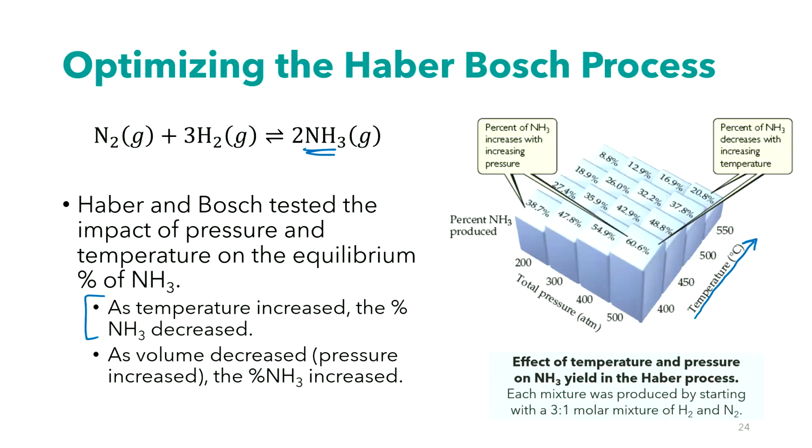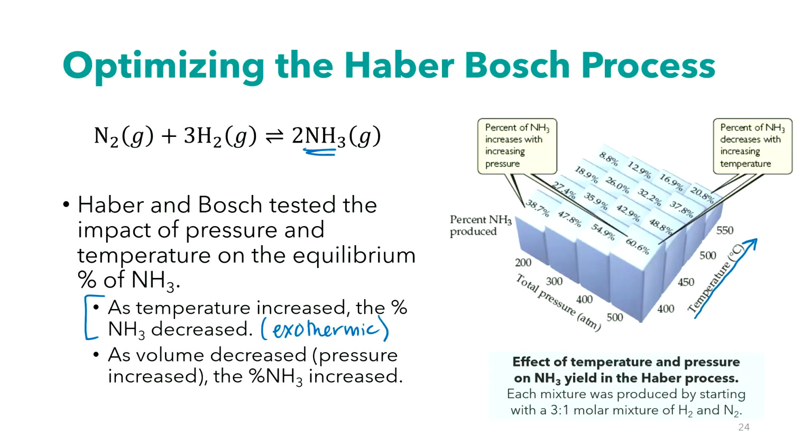That told them they should keep it at lower temperatures to favor NH3. That means it was exothermic. I can draw that conclusion from how the equilibrium constant responded to the change in temperature.